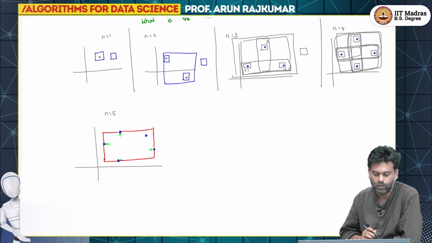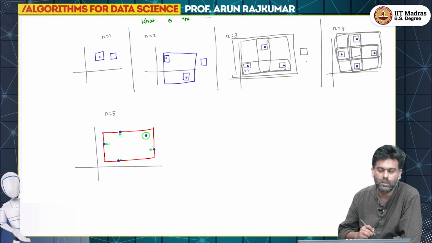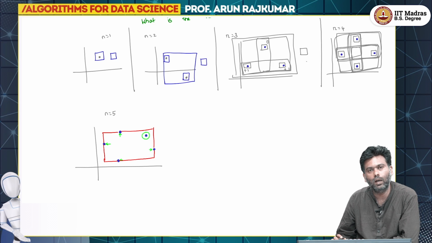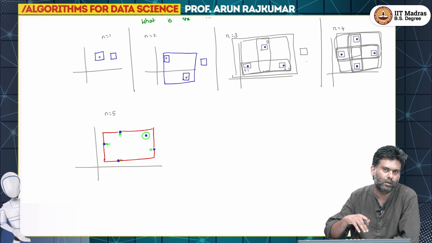So this is the tightest rectangle that contains these 4 points, and now the fifth one is inside this rectangle. So convince yourself that no matter how you pick 5 points, this will happen. It will happen for some 4 points: the tightest rectangle containing some 4 points will necessarily have the fifth guy inside that rectangle.